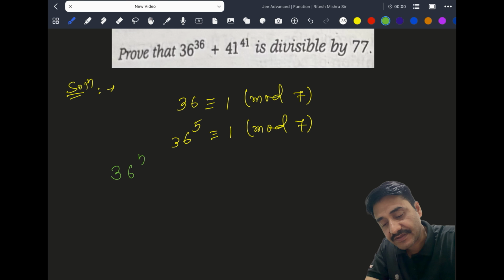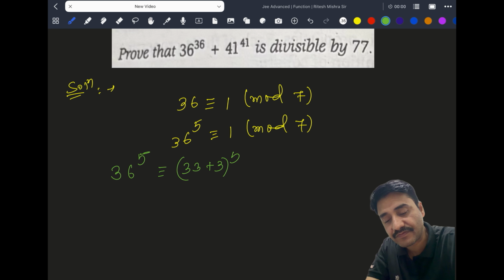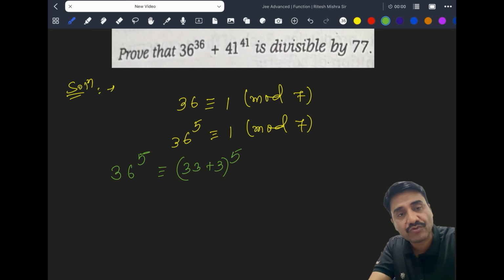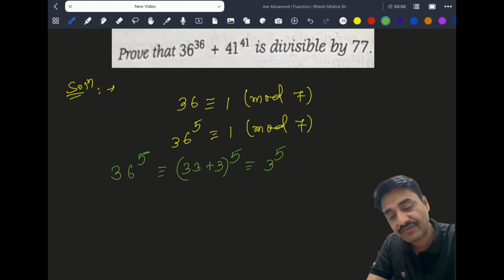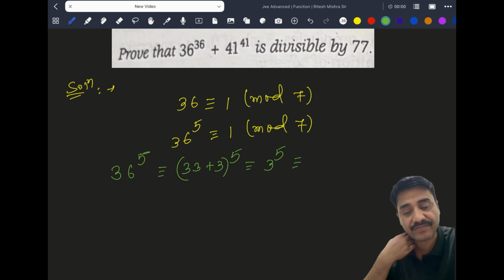36 raised to 5. This we can write, this is equivalent to 33 plus 3 raised to 5. Here when you use the binomial expansion, then this is almost equivalent to 3 raised to 5. And this 3 raised to 5 when divided by 11, what will be the remainder?